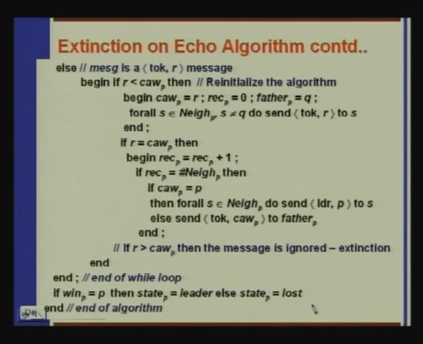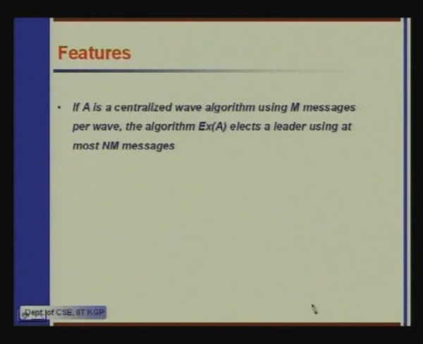Now, I will ask you to do a few things. Just one. This is a simple result: if A is a centralized wave algorithm using m messages per wave, the algorithm EXA, the extinction algorithm that we talked about, elects a leader using at most nm messages. Why? Because each of the n processes can start a wave, and they can have at most m messages.